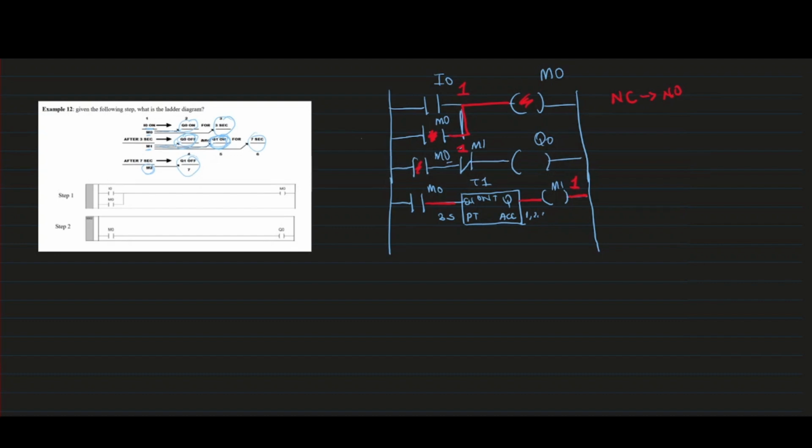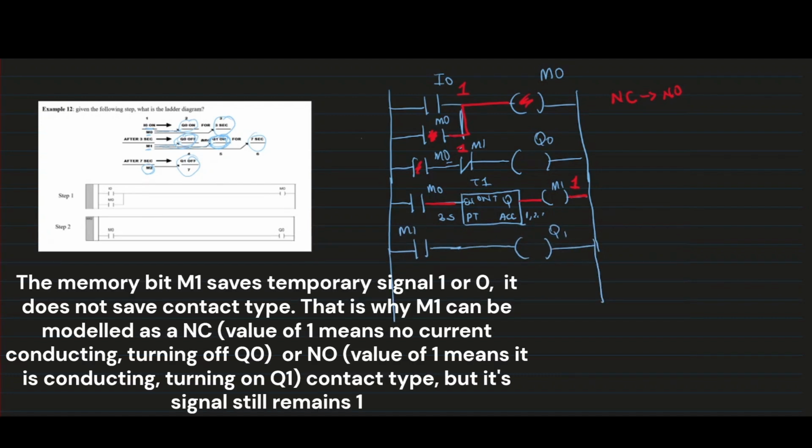Now, how do we model M1 such that it can turn on Q1? Simple. You model it as a normally open contact. It's going to go into Q1. But you only want this to stay on for 7 seconds. After 7 seconds, you want it off.